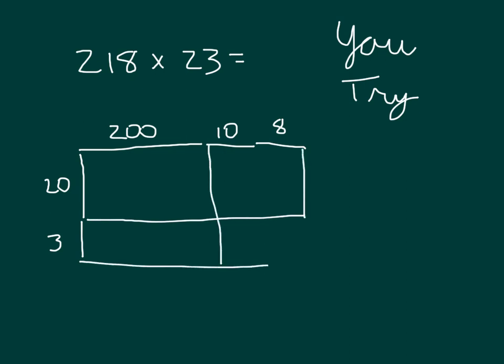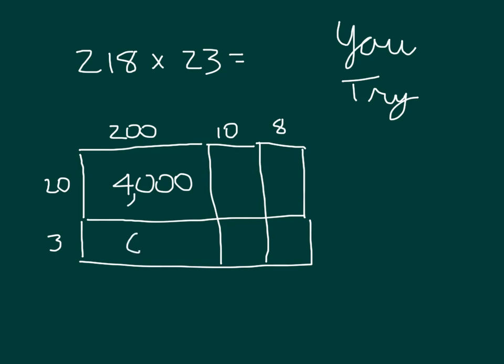Where you broke apart and decomposed 218 and 23. What sort of values did you place within here? 200 times 20. 4, followed by 3 more zeros.